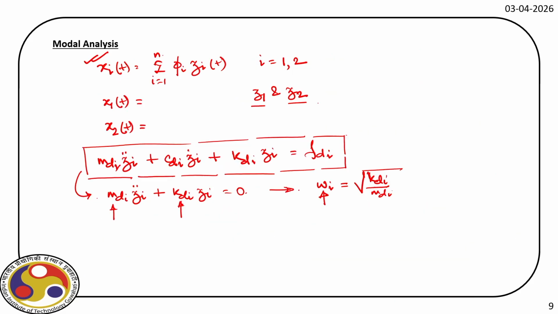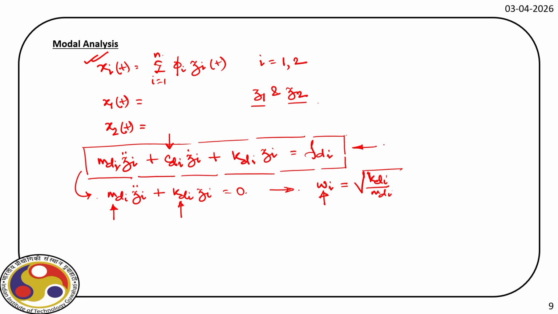So we get this modal mass, modal stiffness, modal damping, and the advantage, as you can see, is that we can solve the structure in the modal coordinate where all the degrees of freedom are uncoupled.